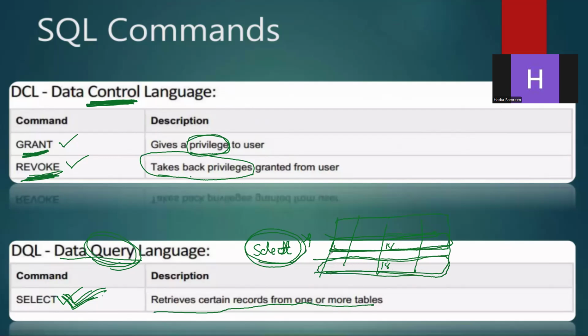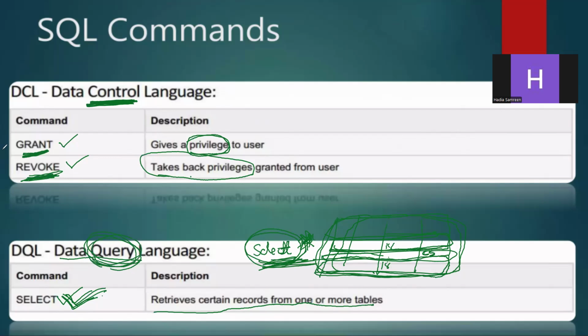Or we can even use select star from the table name, that is, we can retrieve the entire table. Let's suppose we want to see which student is taking the CS course. We can give that condition using the select command, then we can get that particular row. So that is all about data query language.